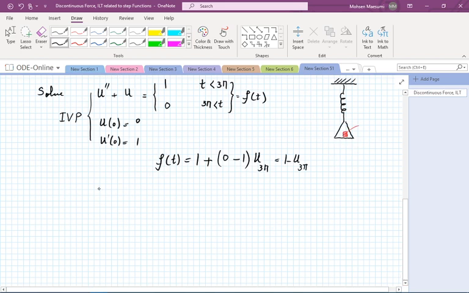So now I have the following. I have u double prime plus u is equal to 1 minus u 3 pi. So what should I do with this thing? Well, I take a Laplace transform of the whole thing. So I'll have a Laplace transform of u double prime plus u is equal to Laplace transform of 1 minus u 3 pi of t.